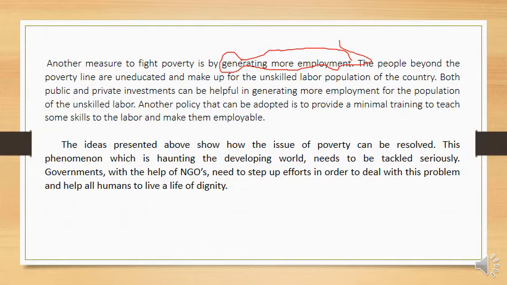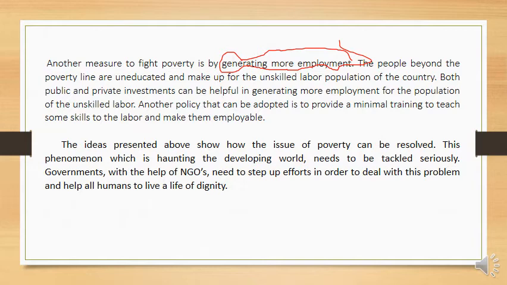Now we move to the concluding paragraph. As we said in the concluding paragraph, we have to wrap up or sum up the whole essay, and at the same time we have to restate what the thesis statement mentioned. So the ideas presented above show how the issue of poverty can be resolved.